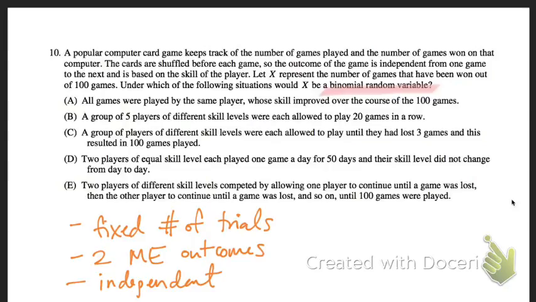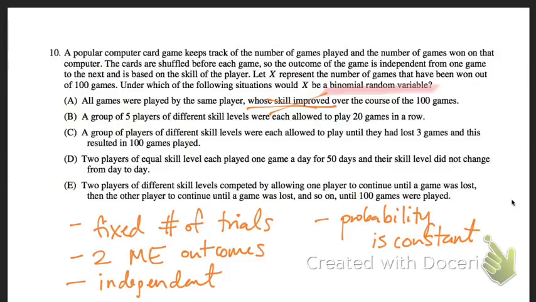So if I'm reading through that, all games were played by the same player whose skill improved. A is wrong because the probability needs to stay the same. So that's another one: probability is constant throughout the fixed number of trials. Like flipping a coin, the probability never changes. So skill improved is what makes that wrong.